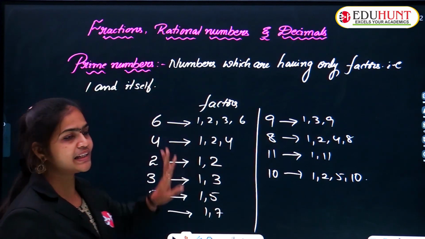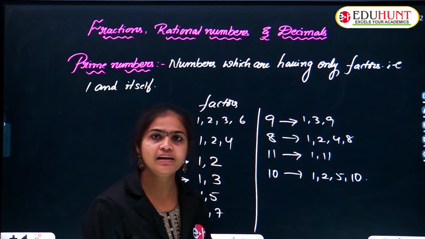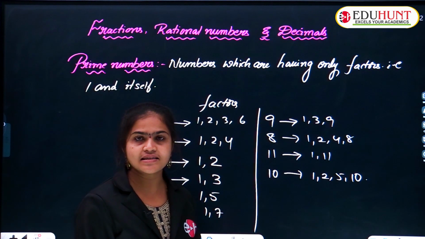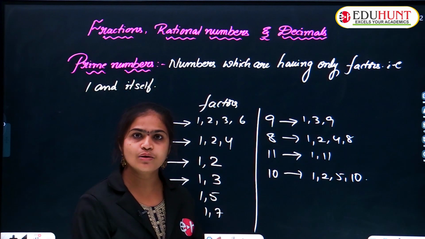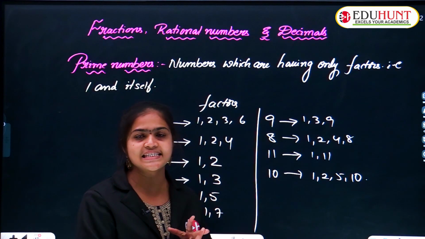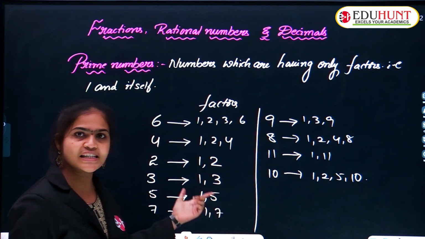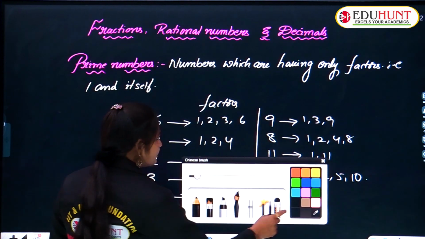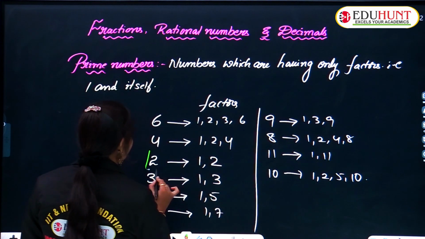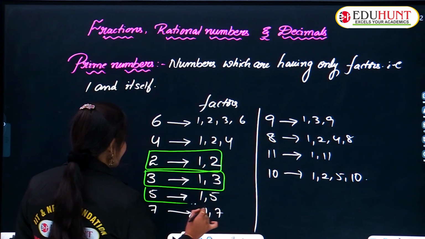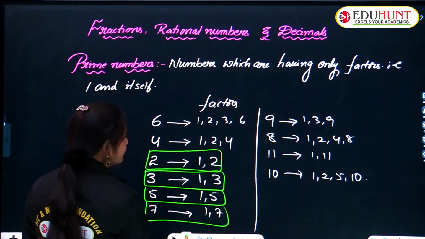Now as per the definition, what are we saying? Prime numbers means numbers which are having only two factors, the first factor is 1 and the second factor is the number itself. So such kind of factors we can observe here in 2, 3, 5, 7.